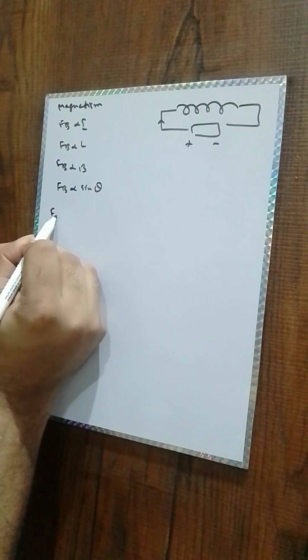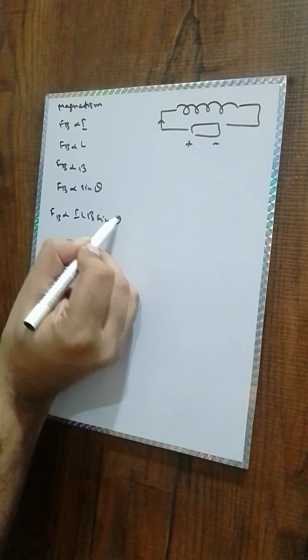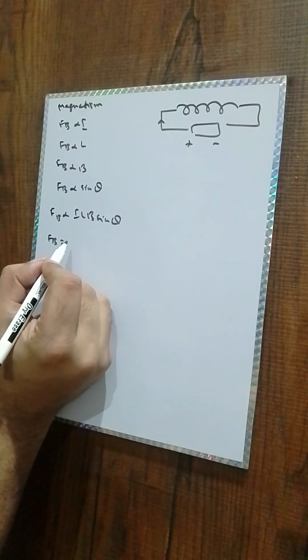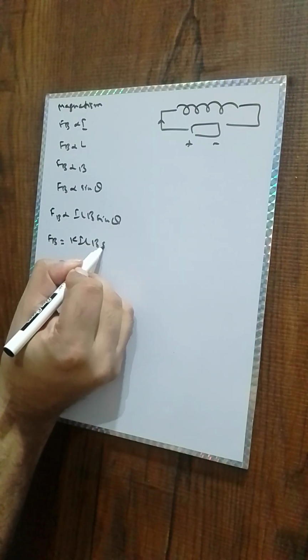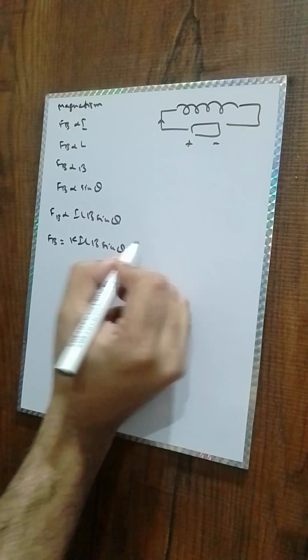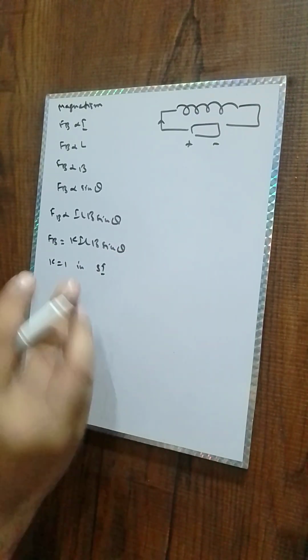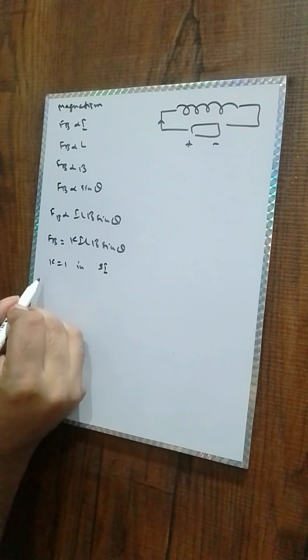So what we do is we combine these proportionalities. F_B is directly proportional to I L B sine theta, and F_B is equal to K I L B sine theta, and K is equal to 1 in the International System of Units.